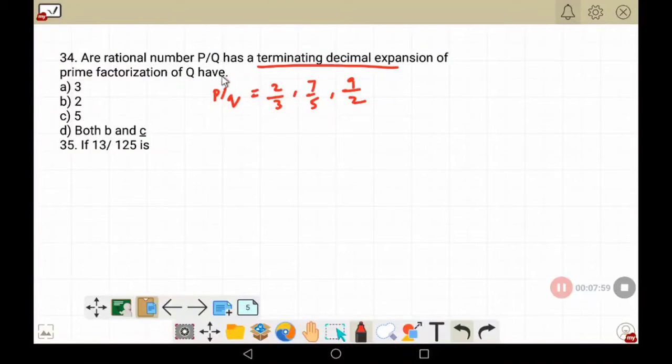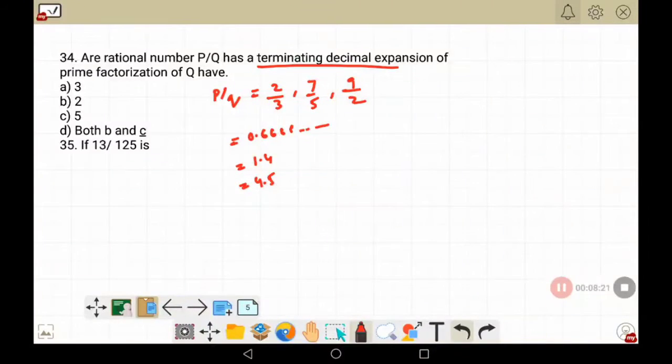If you divide 2 by 3, you will have 0.6666 dot dot dot. If you divide 7 by 5, you will have 5 1s are 5, 5 4s are 20. If you divide 9 by 2, you will have 2 4s are 8, 2 5s are 10.